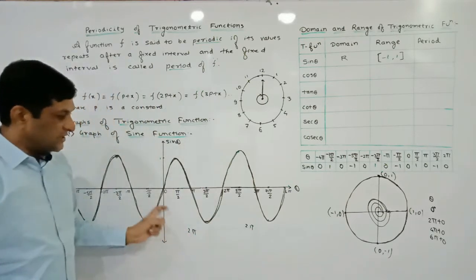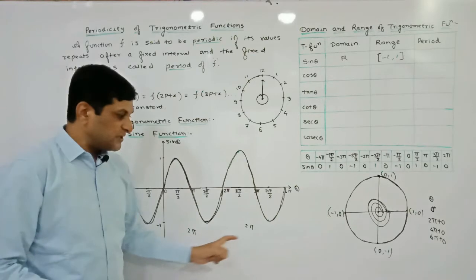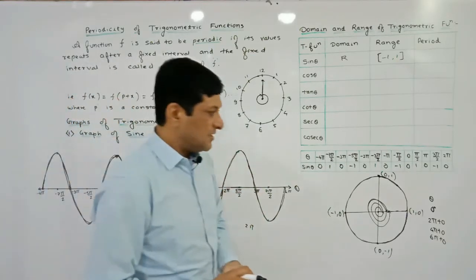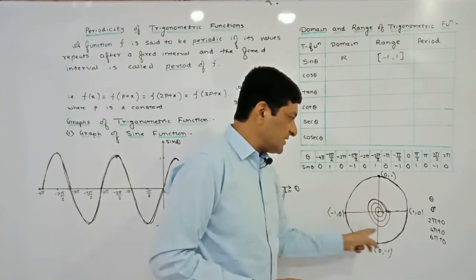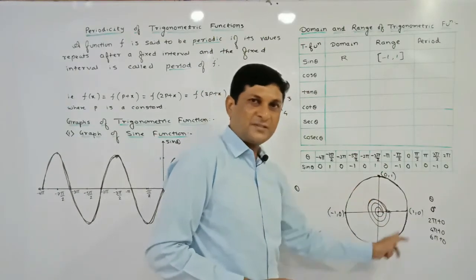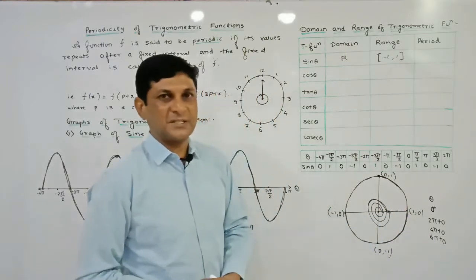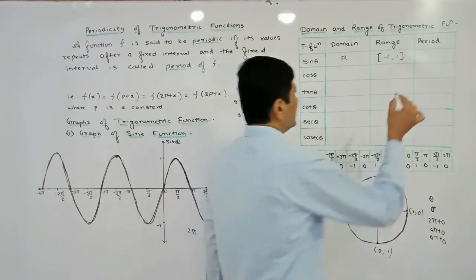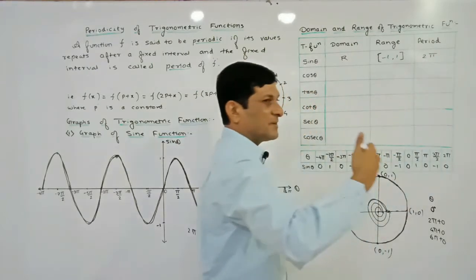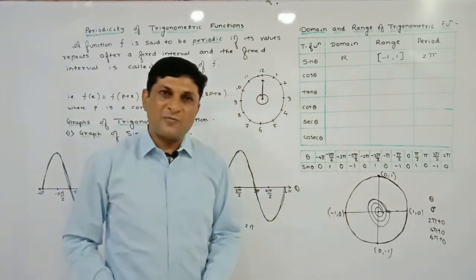So the values are repeating after a fixed interval of 2 pi, which is 360 degrees. Again the same values repeat after 360 degrees. This means the function is periodic and the period of this function is 2 pi, which means after 2 pi the values repeat.